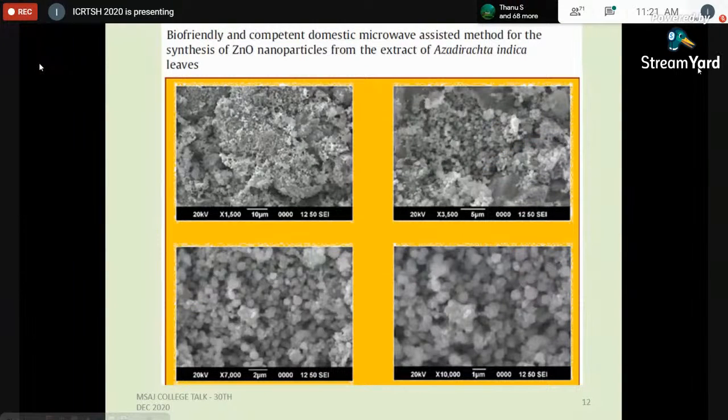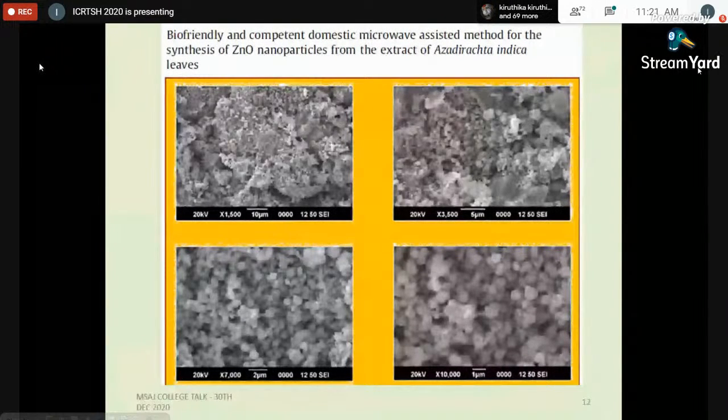Now I am directly entering into the materials, their level of output, and applications. The growth method we have already discussed. The growth method is the same, but the materials are different. If the crystal is different, then we get a different output, whether from the solution growth or the nanomaterial growth.